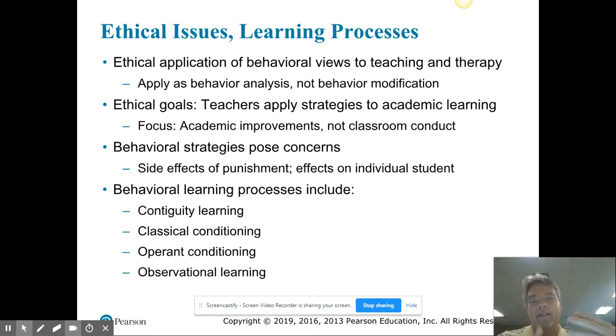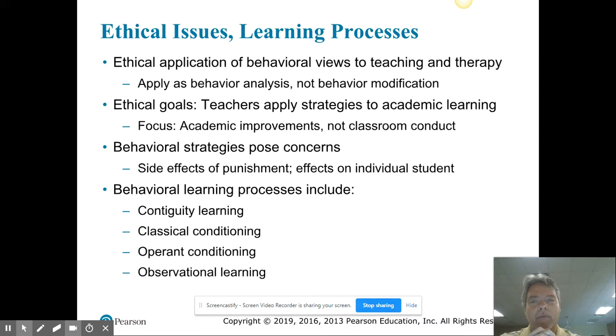When we start looking at this approach, the teachers apply strategies to academic learning. And the focus is on academic improvement, not necessarily the classroom conduct, if you will. Behavioral strategies pose concerns. The side effect of punishment, which is one of the conduits that we're going to be talking about, affects individual students differently.